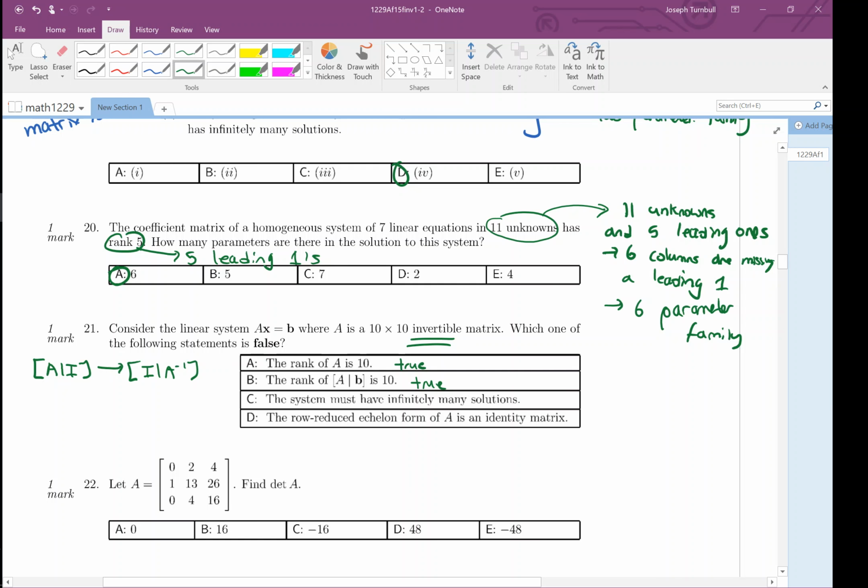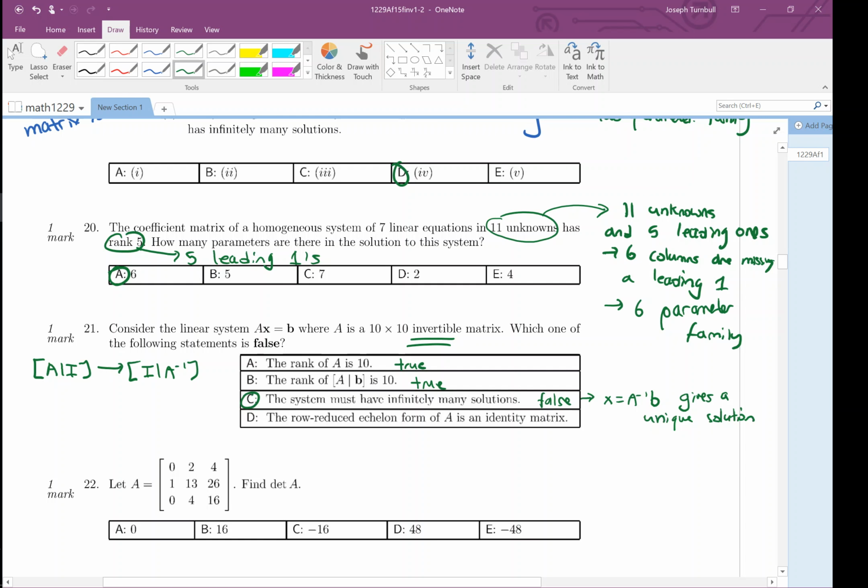C, the system must have infinitely many solutions. That one's the false one. It's false because if the matrix is invertible, then X is equal to A inverse times B gives unique solution. Not a family of solutions. So the answer is C.